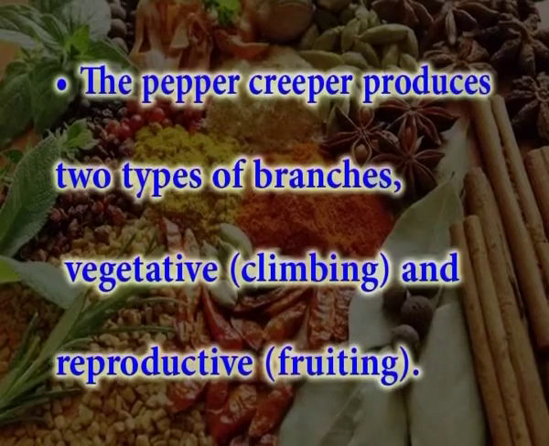There are 24 different types of black pepper grown in our country. The pepper creeper produces two types of branches, vegetative, that is climbing, and reproductive, that is fruiting. The fruits are borne in a cluster called spike of 20 to 30 cm in length.